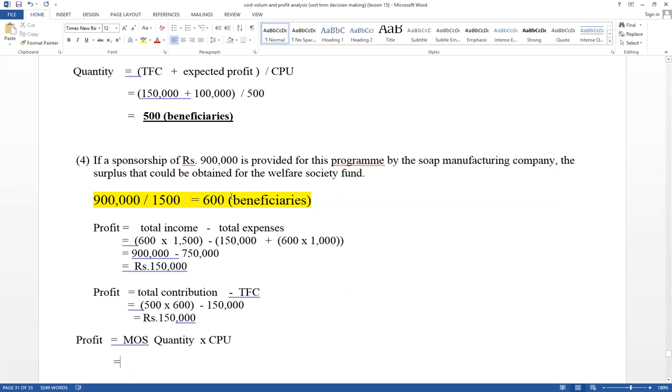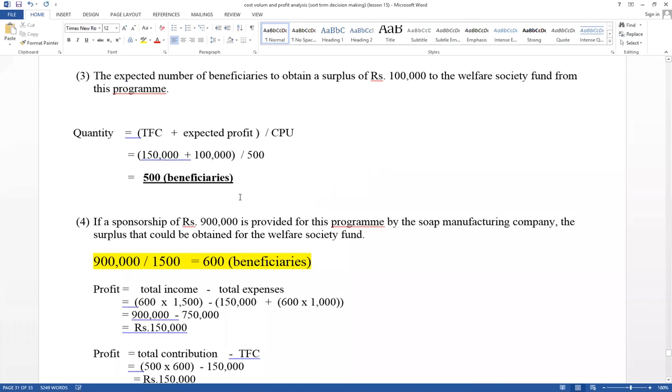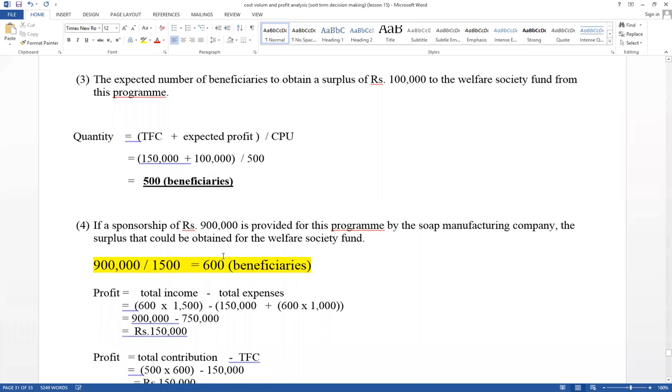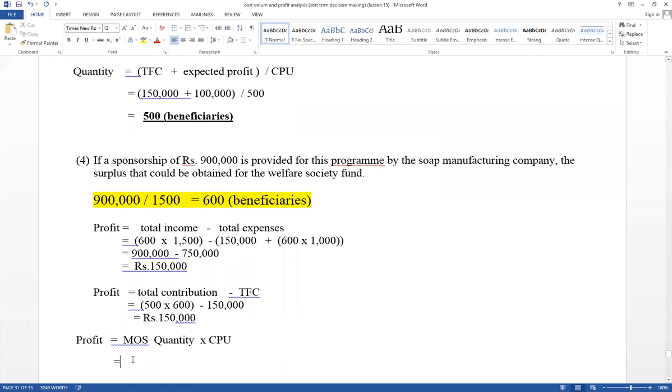Expected participants equal 600 and break even point quantity equals 300, which was available in requirement 2. Therefore, beyond the BEP, expected participants equal 600 and break even point beneficiaries equal 300. Therefore, the margin of safety quantity also equals 300.